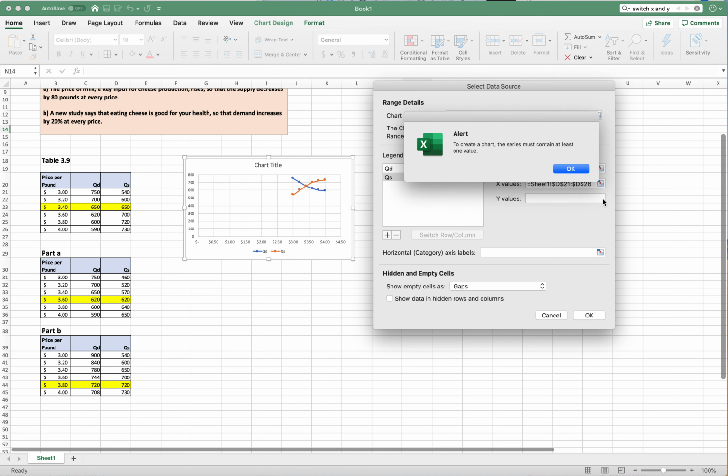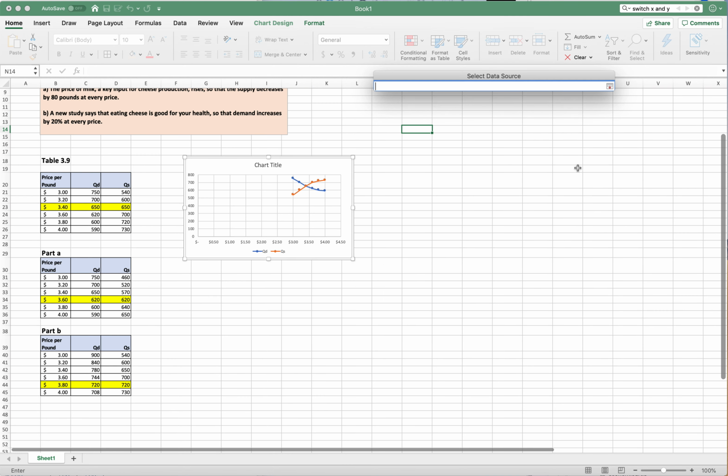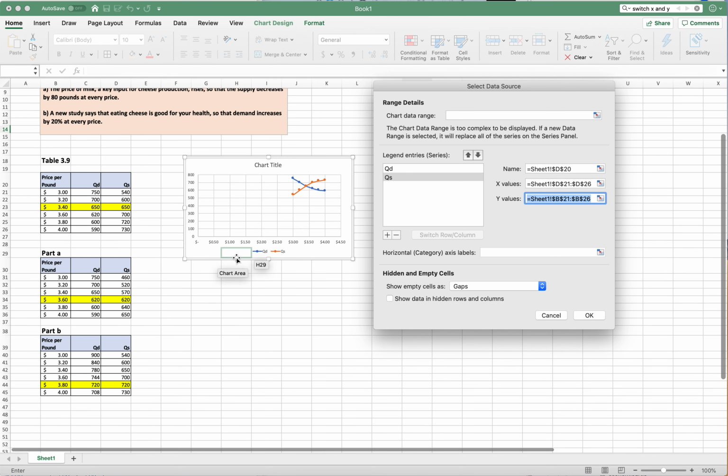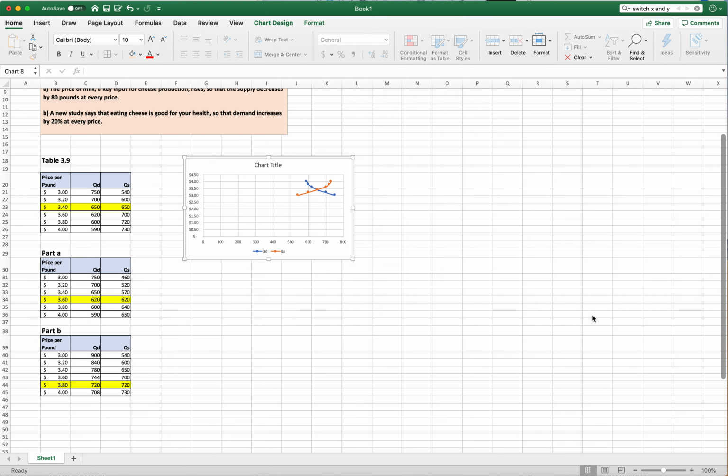Let's put new ones in. I want to put the price again. I'm going to hit enter. And now I'm going to leave it as is. And I'm going to say OK.